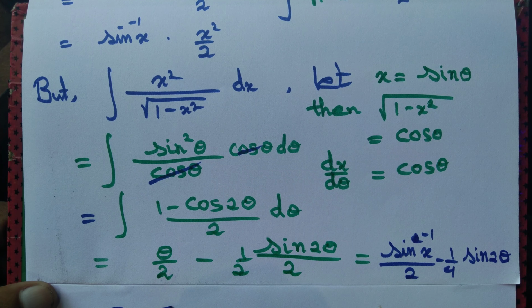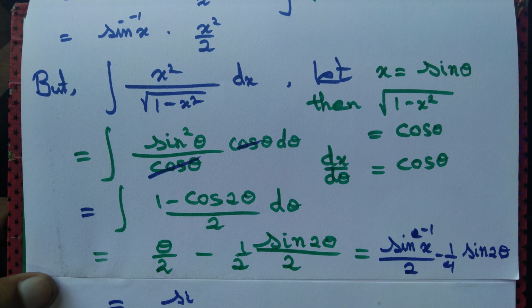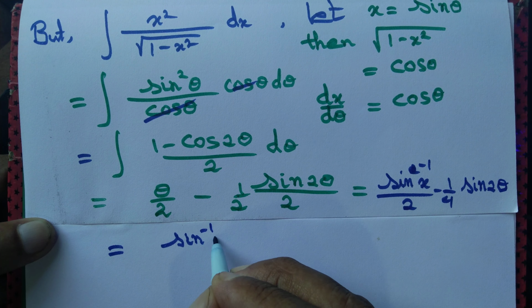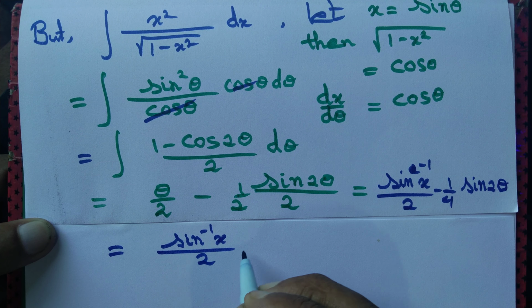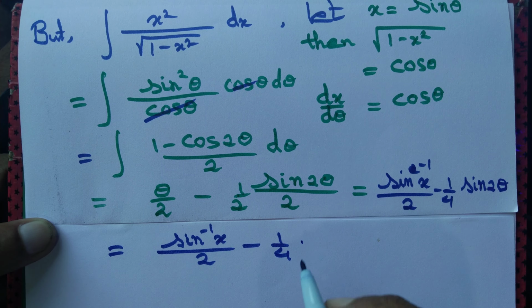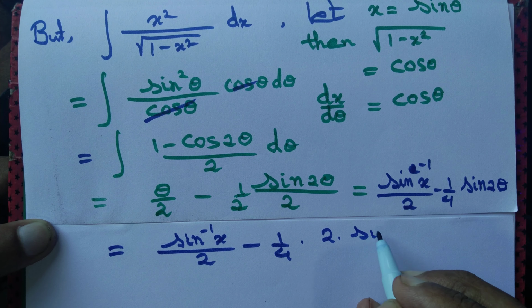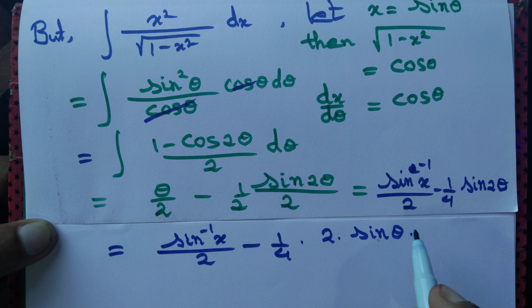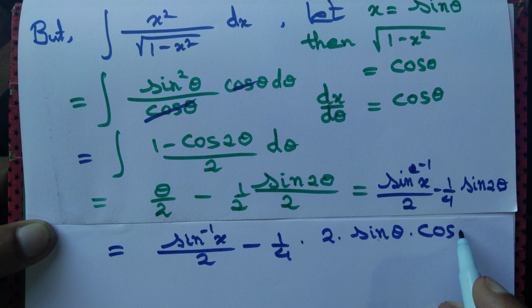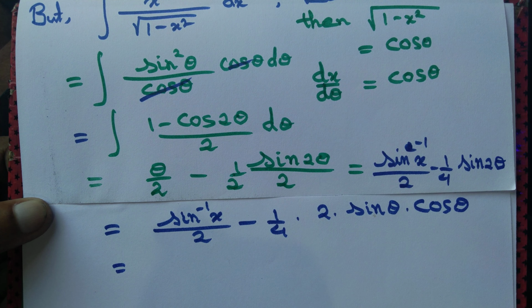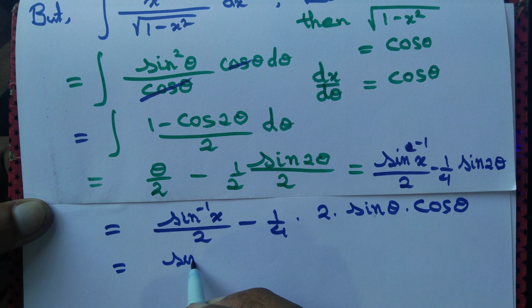So sine inverse of x by 2 minus 1 by 4 sine 2 theta can be written as 2 sine theta times cos theta. That's the formula: sine 2 theta is 2 sine theta cos theta. So this is equal to sine inverse of x by 2.